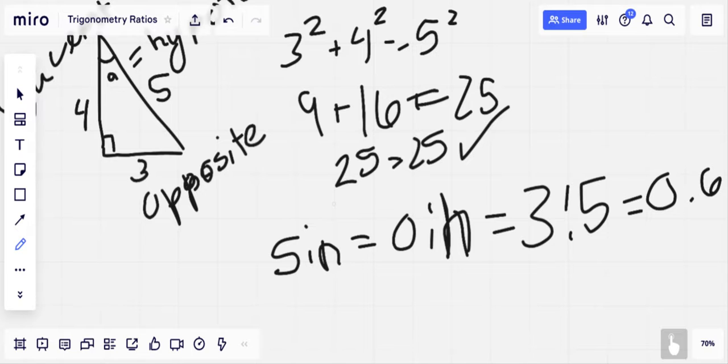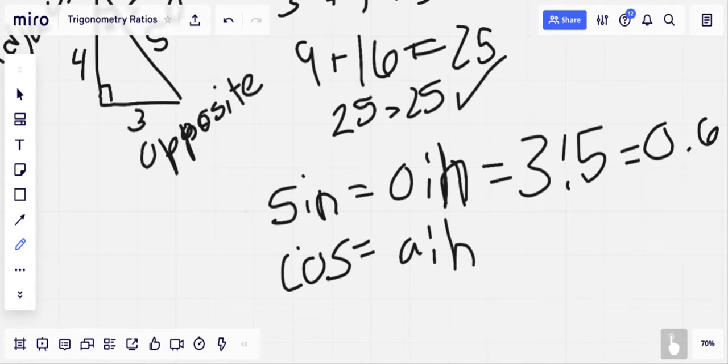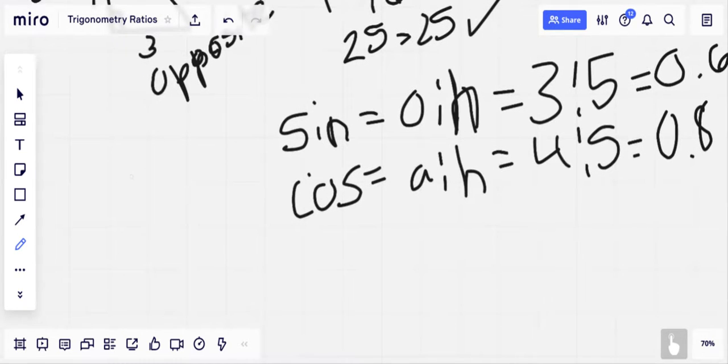And then the next ratio is cosine. Cosine is equal to adjacent over hypotenuse, which is the adjacent, 4, over the hypotenuse, 5. So 4 over 5 is 0.8. And then the last ratio is tan, or tangent.